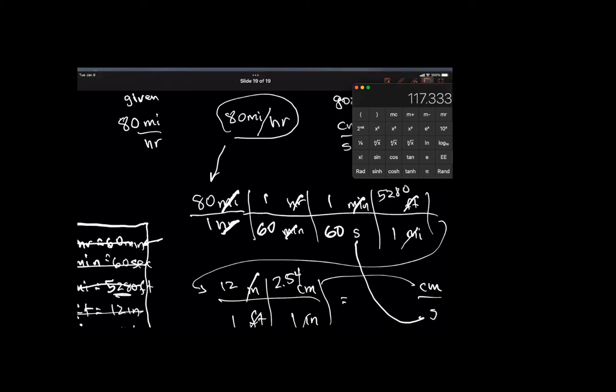I skip that because, again, multiplying by 1 and dividing by 1 gives you the same number. So why risk the error in the calculation?